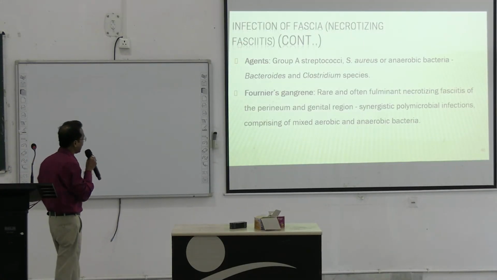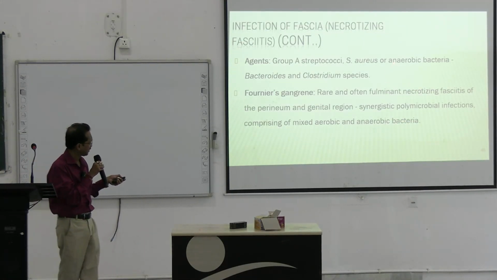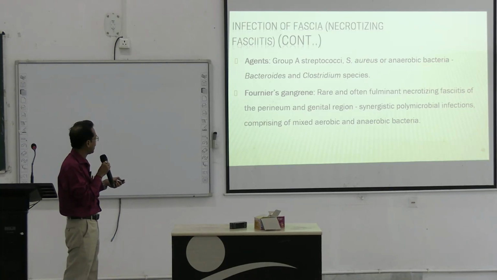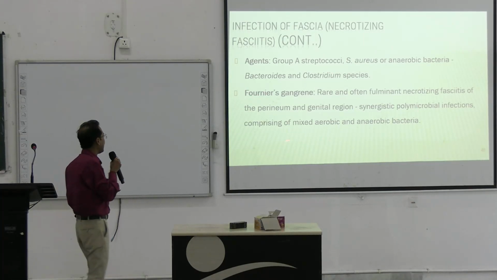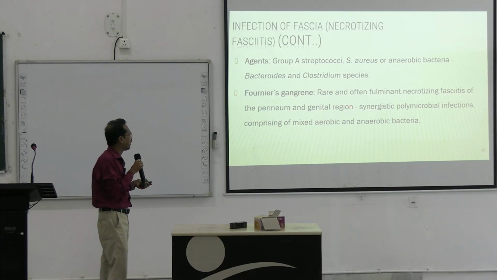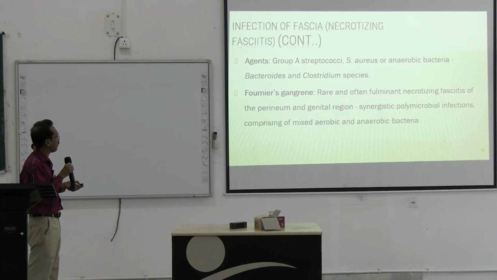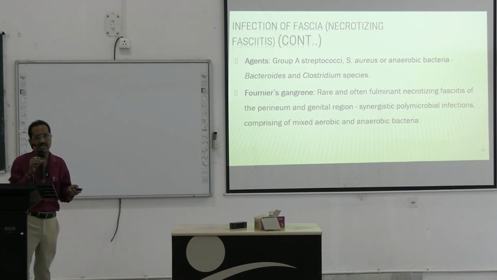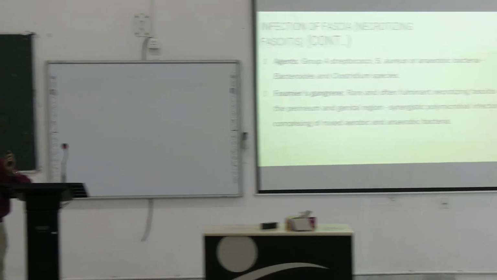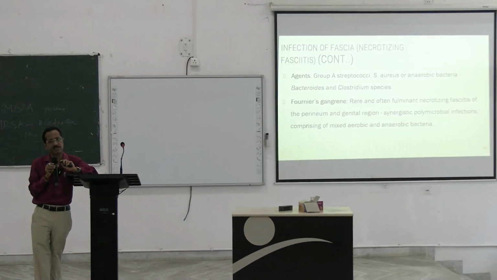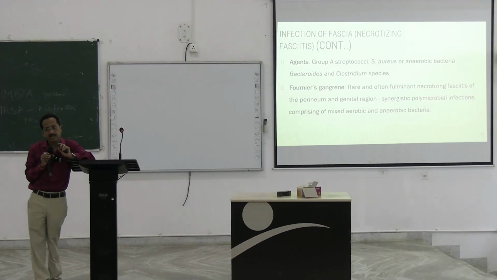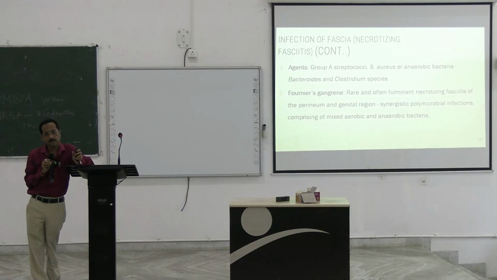Most common agents are group A Streptococcus, Staph aureus or anaerobic bacteria, and Clostridium species. What is Fournier's gangrene? Rare and fulminant necrotizing fasciitis of the perineum and genital region, usually a polymicrobial infection. If such questions on surgical site infection are asked and specific GPC or GNB is not given, you should write both.